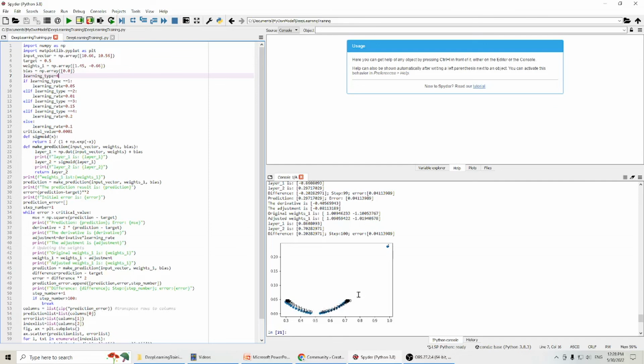That means it can never reach the target because the learning rate is too large. And when it reaches step 100, I just terminate this training process. As you see, I put a condition here, otherwise it will keep going forever.